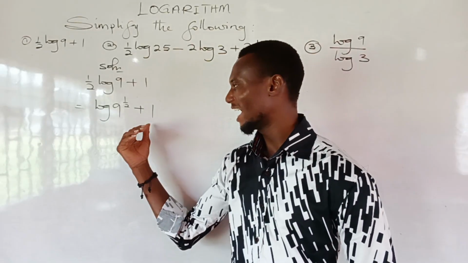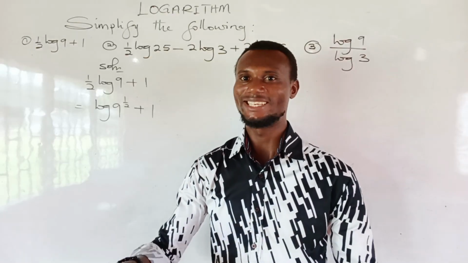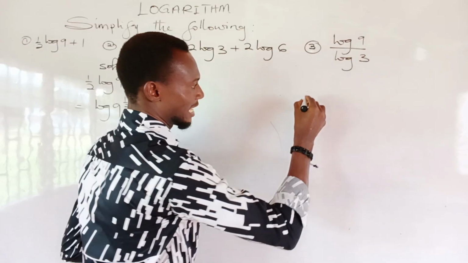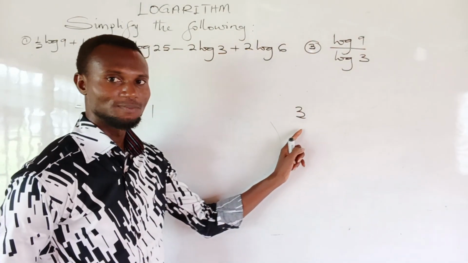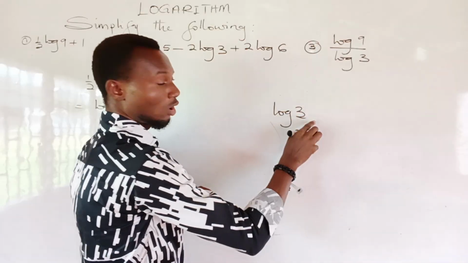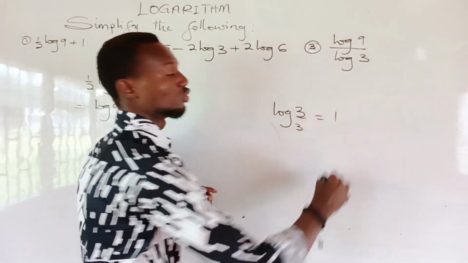So it means if I have 1 here, I can express it in a form that will have log inside. Because if I have, let's say, a number on the board, 3 here, the property says that if I take the log of this 3 to the base of that same 3, it should be equal to 1.